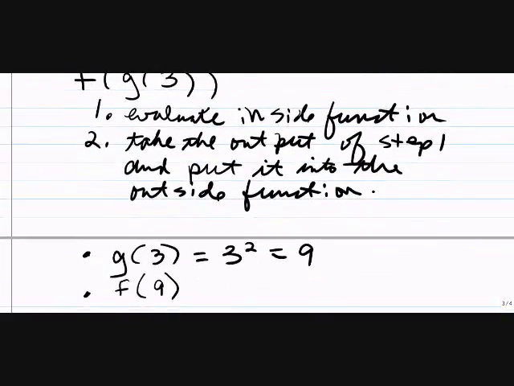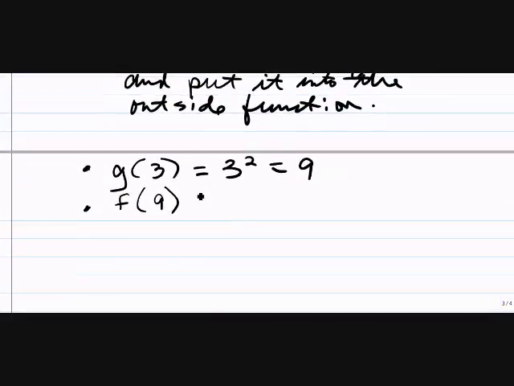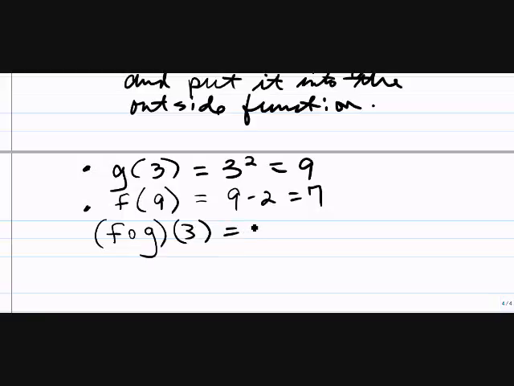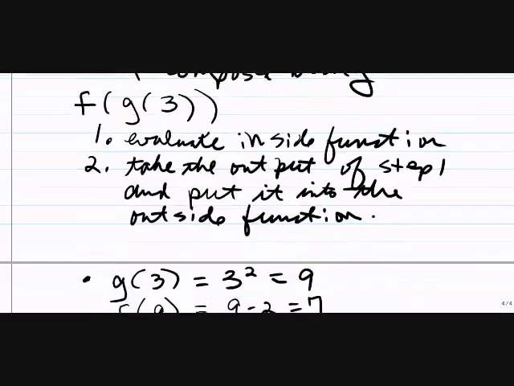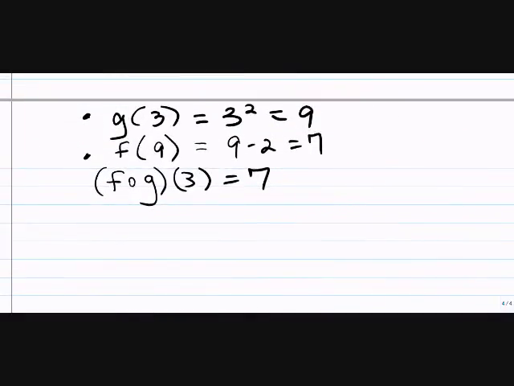Okay? So f of x is x minus 2. So f of 9 is 9 minus 2, which is 7. So f composed with g at 3 is 7. Remember, g of x was x squared, and f of x was x minus 2.